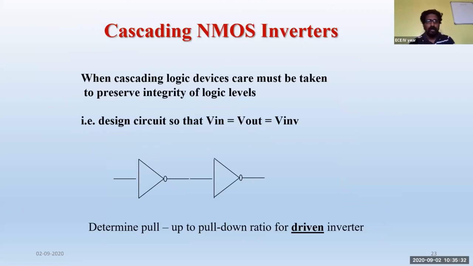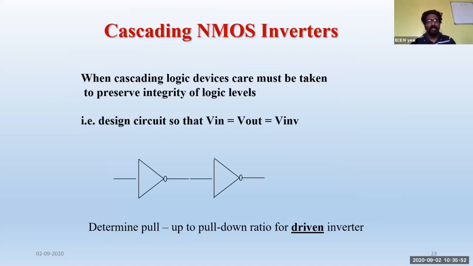And this is how the cascading has to be done. Whenever two transistors are connected in series, we call them cascaded devices. When the cascading is done, we should take care.